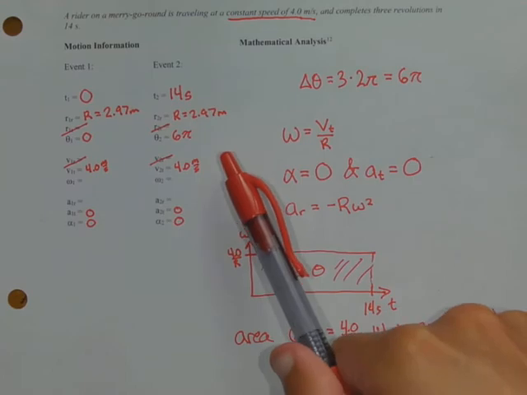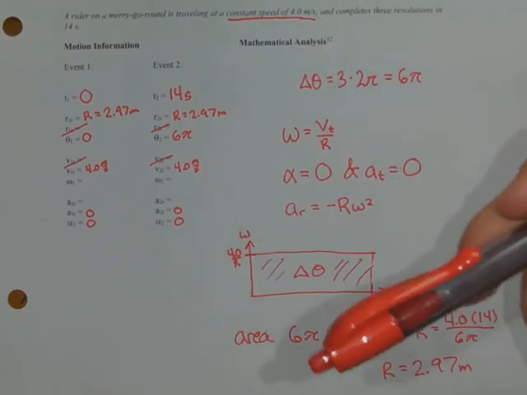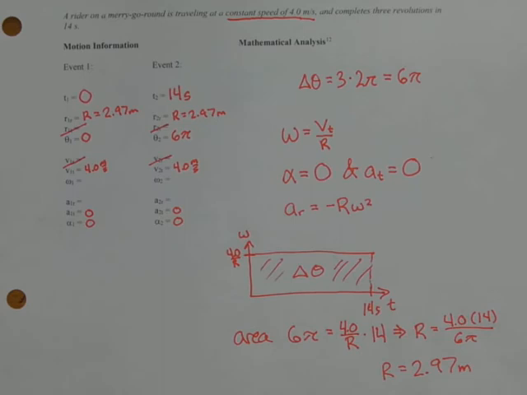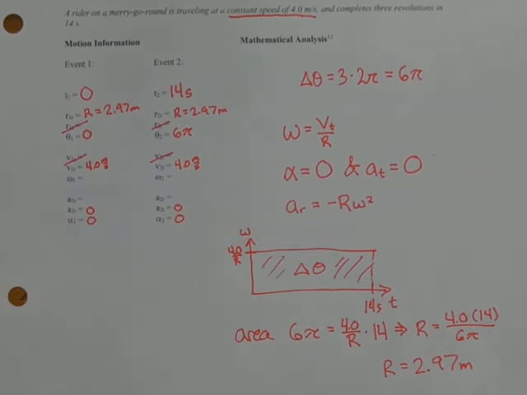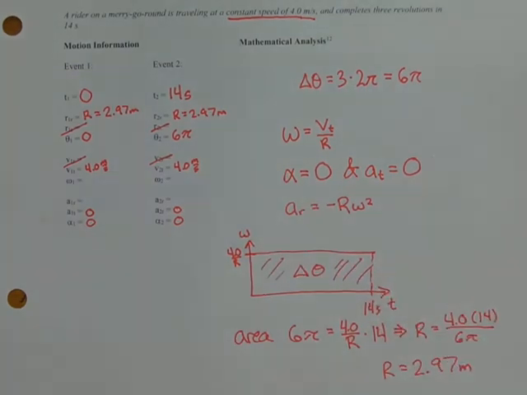Okay, now notice that if we were to draw a velocity versus time graph, in this case, the area underneath the velocity versus time graph, if you did the tangential component of the velocity, that would not be equal to 2.97.